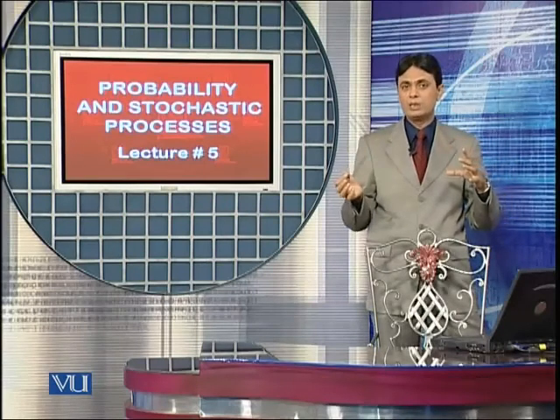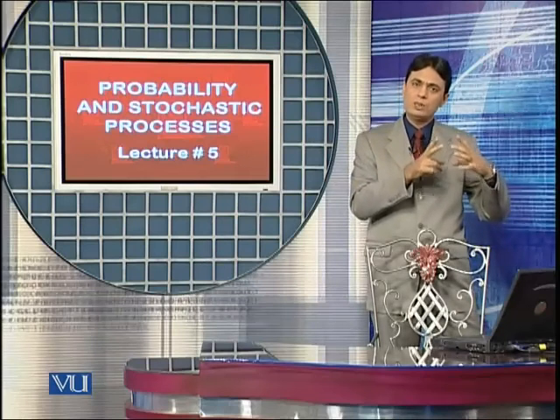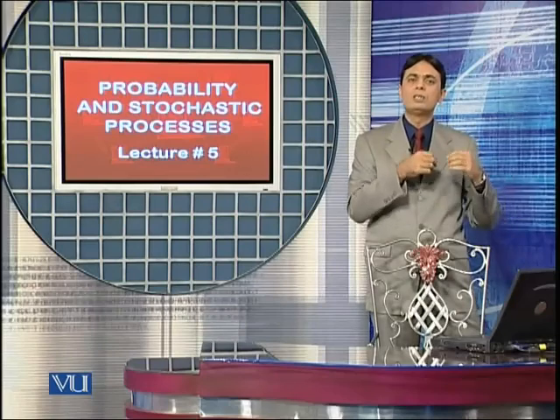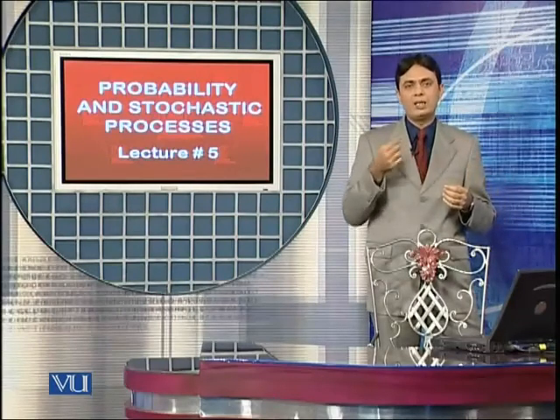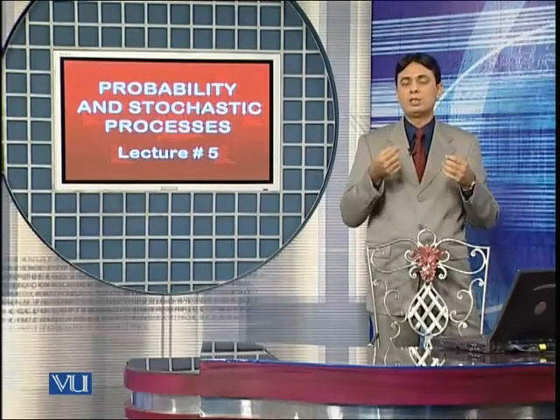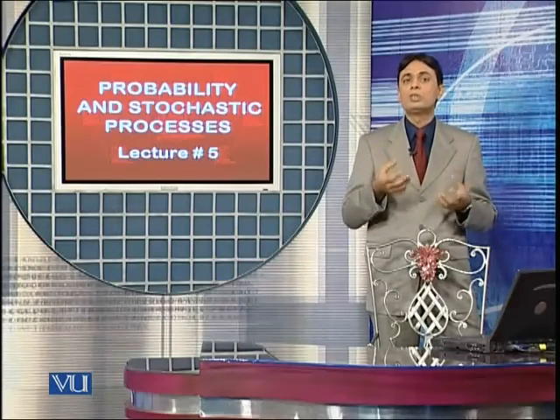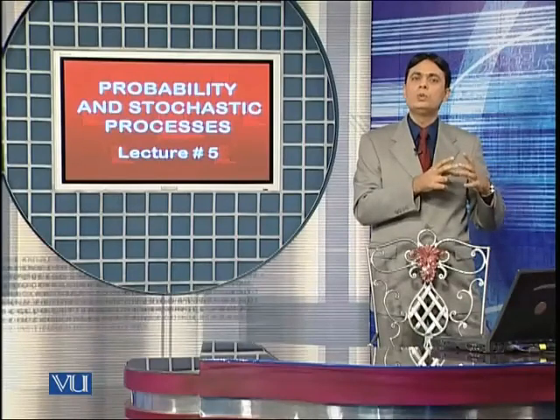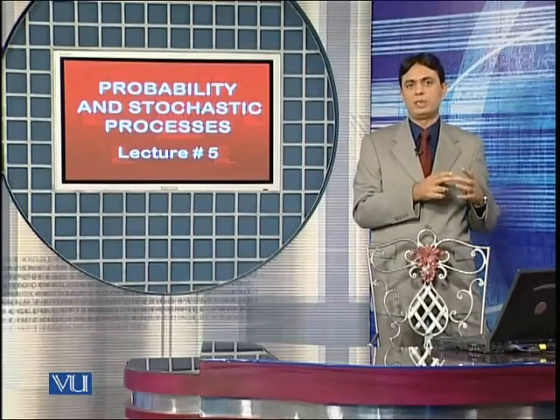It cannot be outside B. So this new restricted sample space is the B set, which is given to you that the last performance of the experiment resulted in an outcome which landed in B. So this set B is your new restricted sample space.